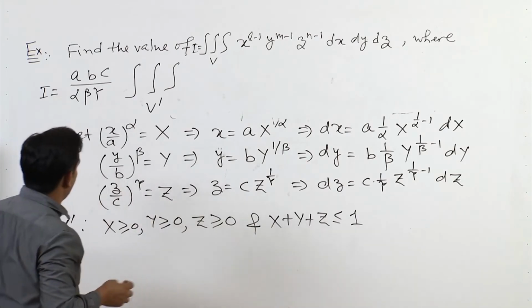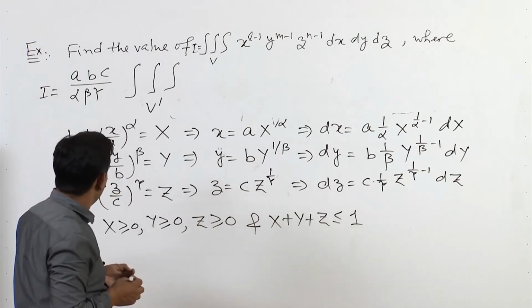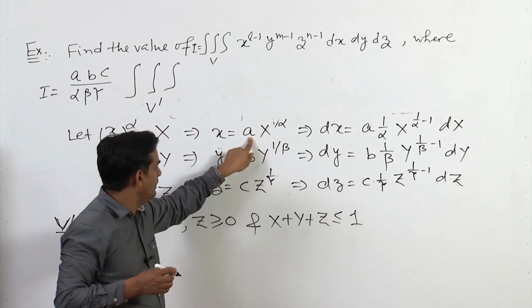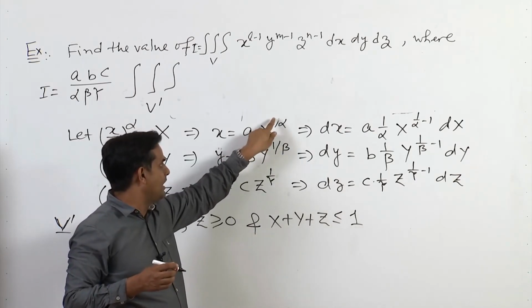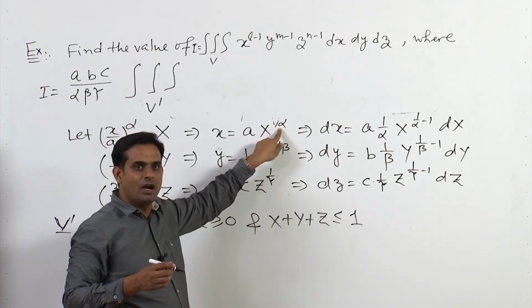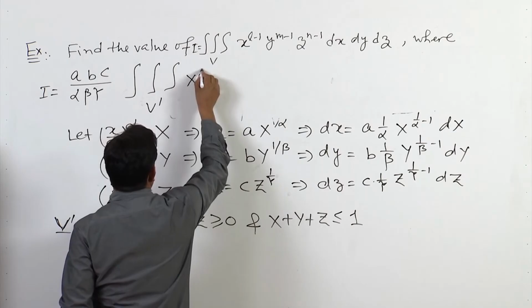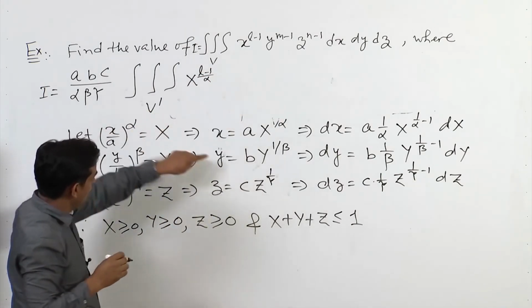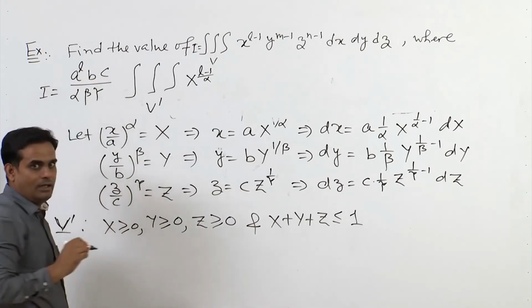x raised to power l minus 1 will become a raised to power l minus 1 into capital X raised to power (l minus 1) upon alpha. So, capital X raised to power (l minus 1) upon alpha, and since a raised to power l minus 1, and a is here, so a raised to power l.